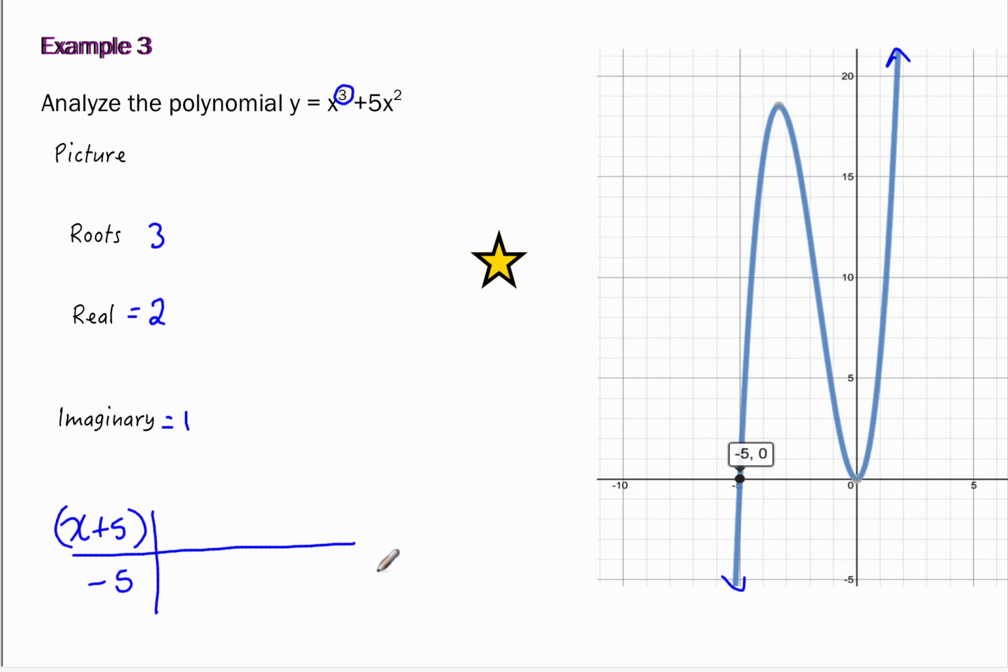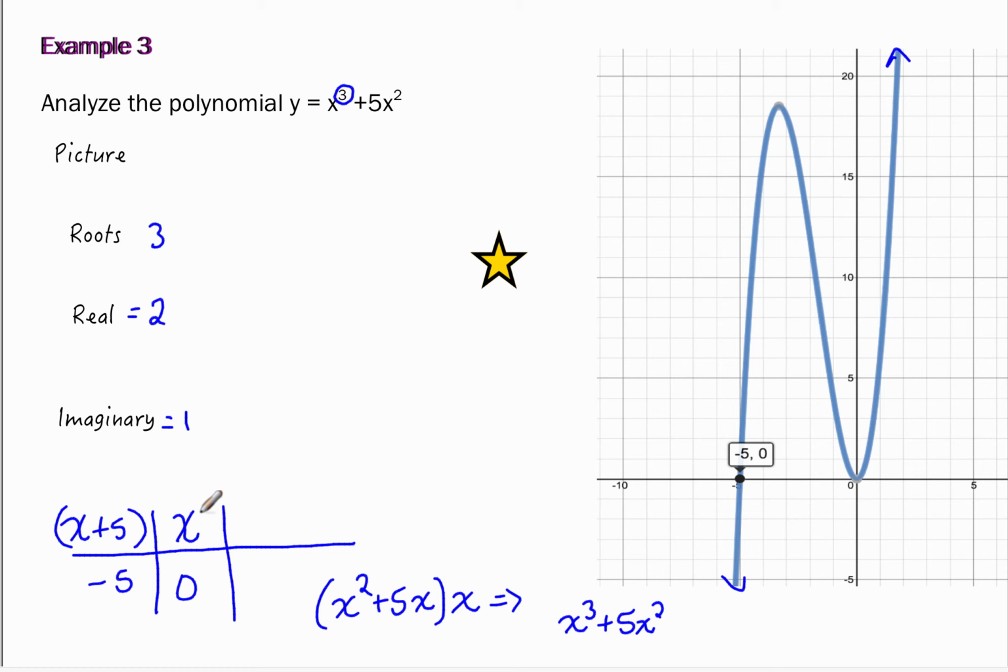And then we have 0, which means it came from the factor of x. If I multiply that together, I get x squared plus 5x. Well, I need x cubed plus 5x squared. Well, hopefully you can see that if I just multiply that by x, I get my x cubed plus 5x squared I'm looking for.